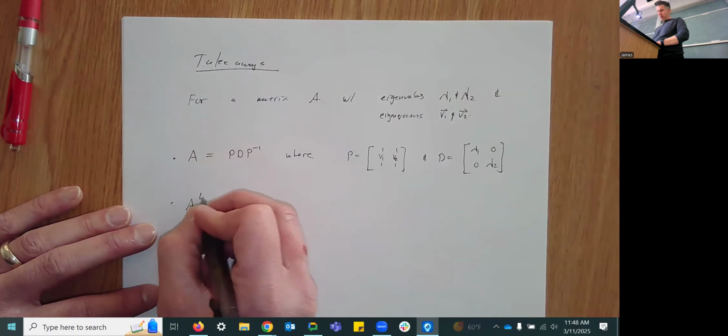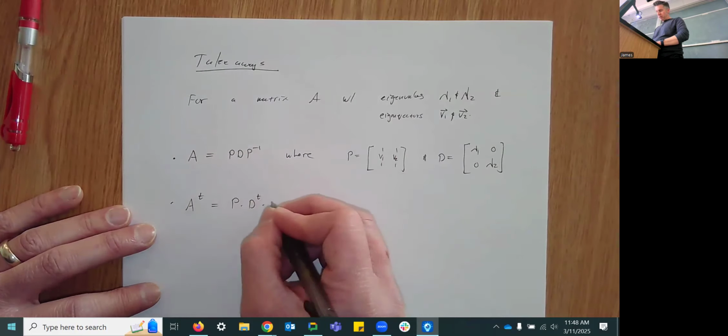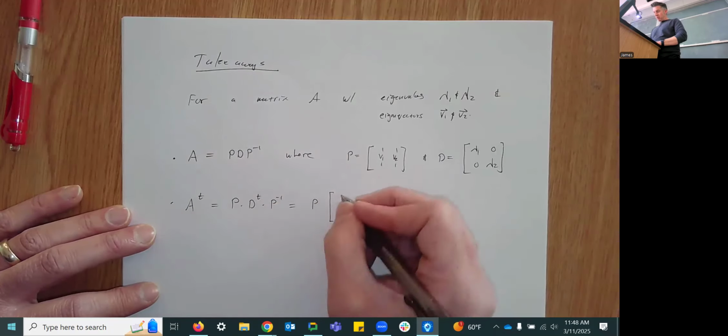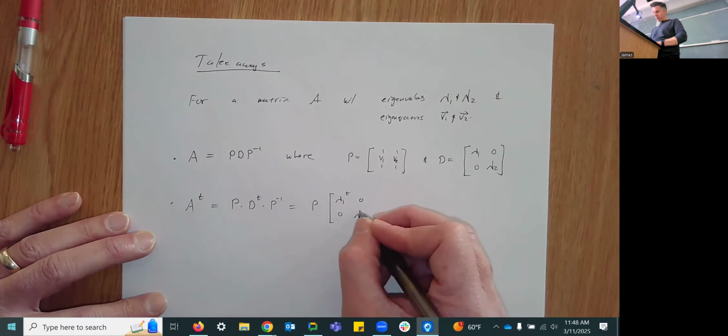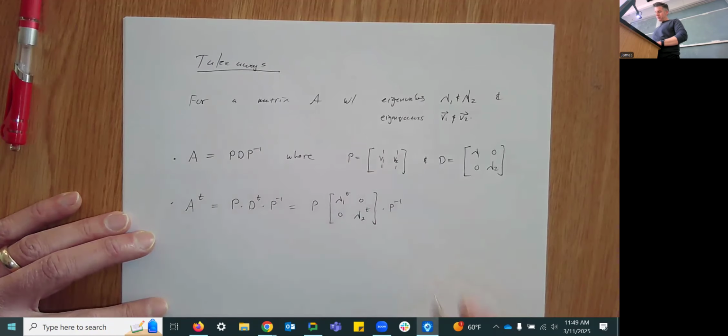A raised to any power can be written as P times the diagonal matrix to that power times P inverse, which really just becomes P times the 2 by 2 matrix with lambda 1 to the tth power, 0, 0, lambda 2 to the tth power, times P inverse.